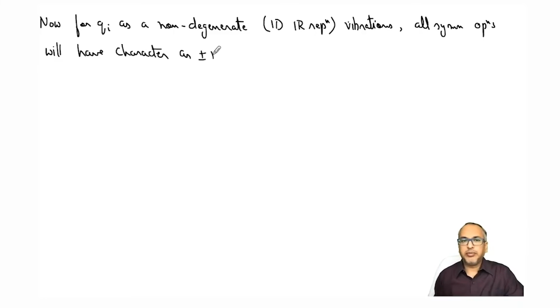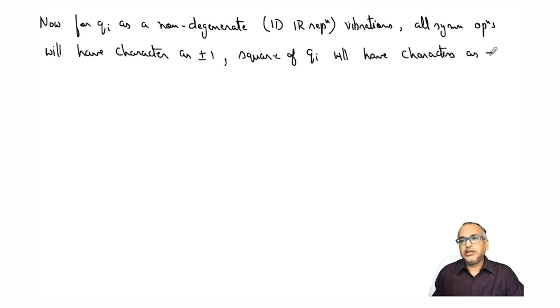In any 1D IR representation, the character is always plus minus 1, right? So if this is plus minus 1, so the square of qi will have characters as plus 1, only plus 1, not minus now, right? Only plus 1. So this is to remember, it's only plus 1.